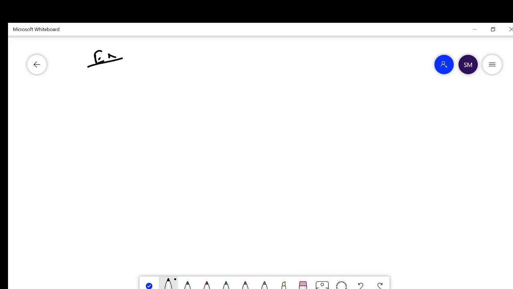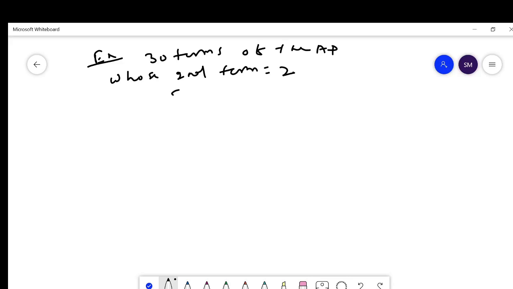Then here the question says, find the sum of first 30 terms of the AP whose second term is given 2, and the seventh term is given 22. Then here we have to find out a, the first term, and d, the common difference.